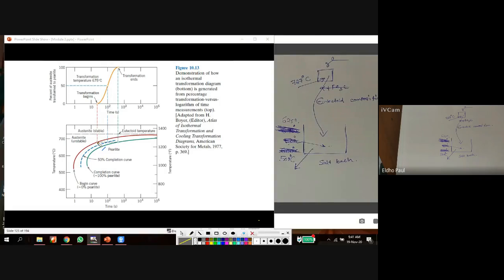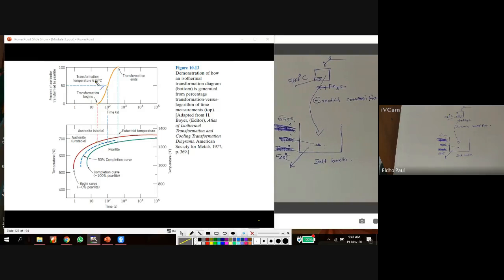Here it is 100% austenite. When austenite is cooled at a constant temperature of 675 degrees Celsius, this is 675 degrees Celsius. So I cool the austenite sample at this constant temperature.